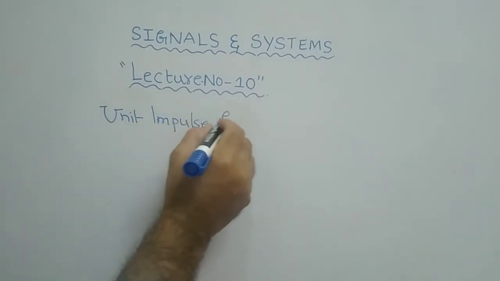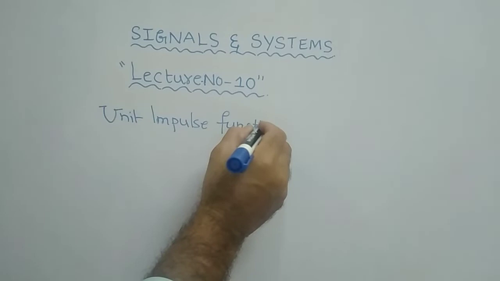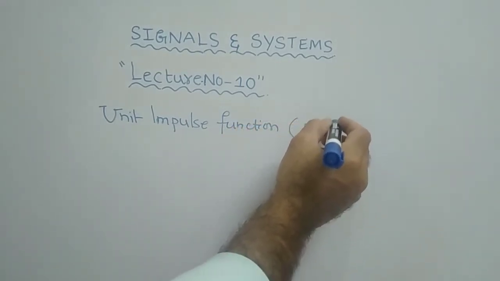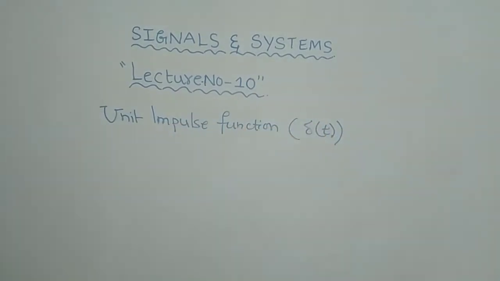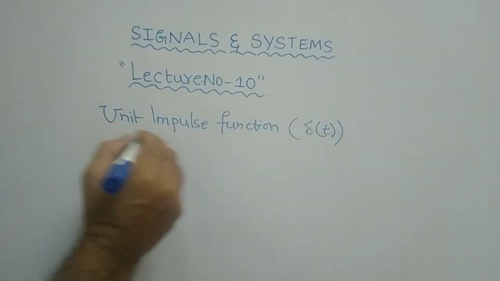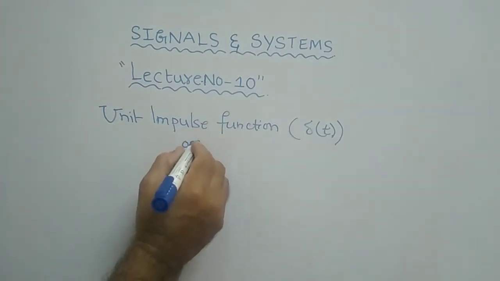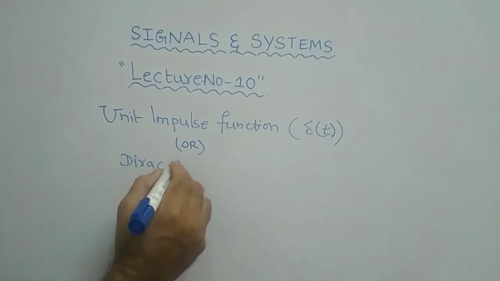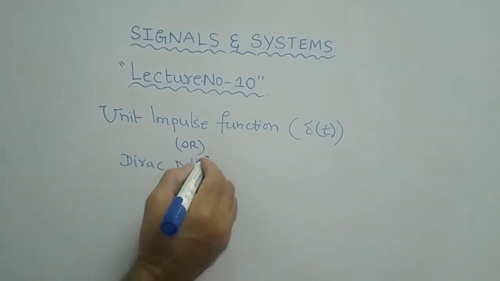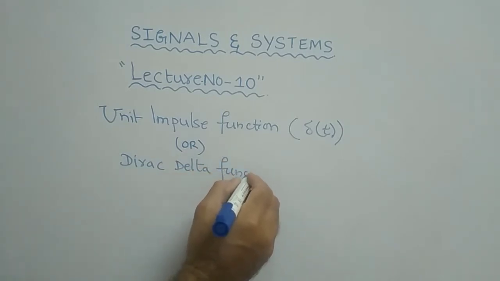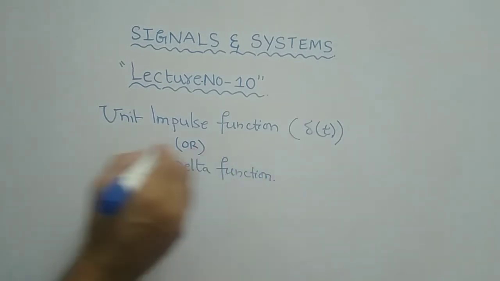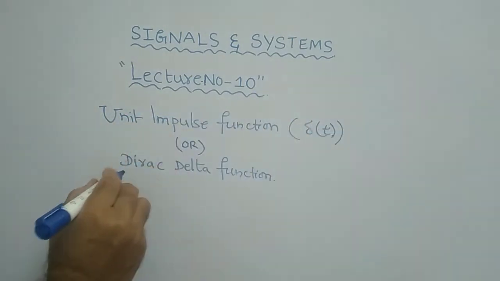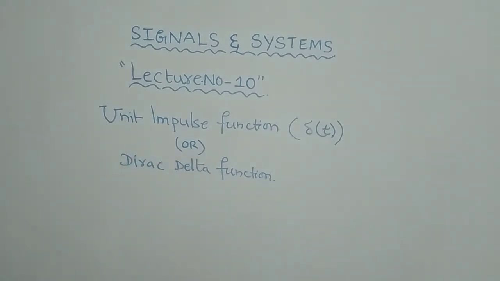It is denoted by delta of t, and this unit impulse function is also called the Dirac delta function. You have to remember Dirac delta function. This is a very important function. Unit impulse function delta of t can also be called the Dirac delta function.